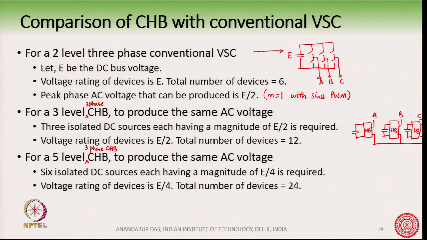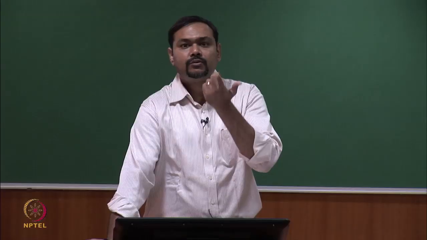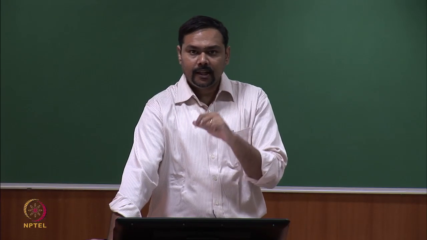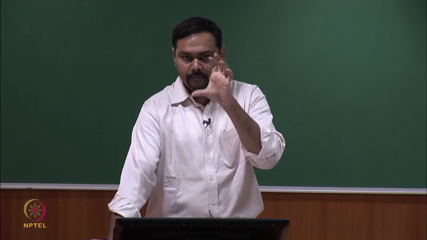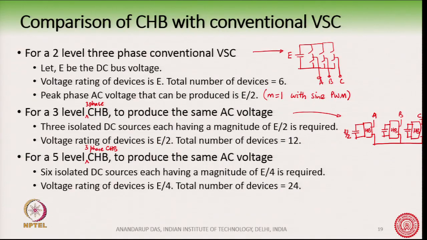So, this is the 3 level 3 phase CHB, and then we need a DC bus voltage of E by 2. Why? Because we know that it produces 3 levels. So, it will be producing plus E by 2, 0 and minus E by 2, which means that the peak to peak magnitude is E, and it is the same as this E here.